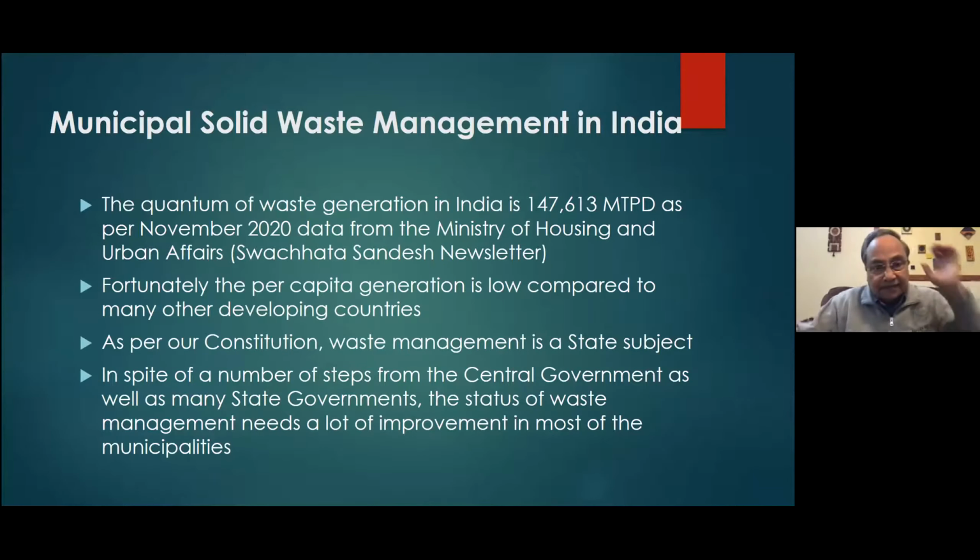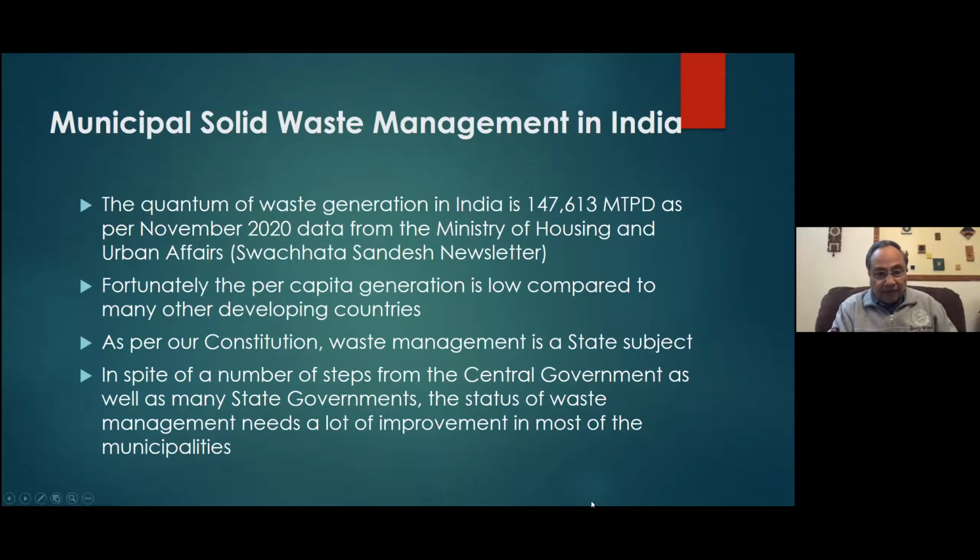You see, India is a large country with a large population, and the quantum of waste generation is huge, as you can see from the figures. But fortunately, the per capita generation is not that high.